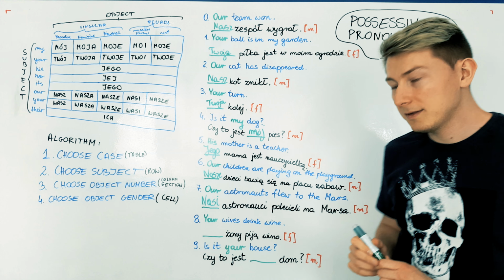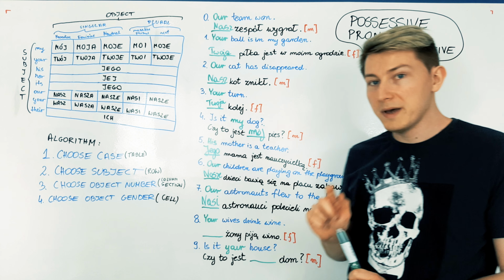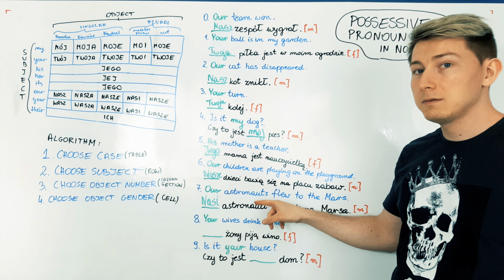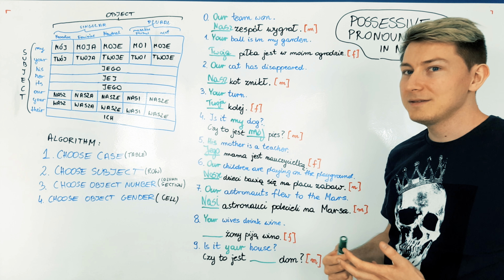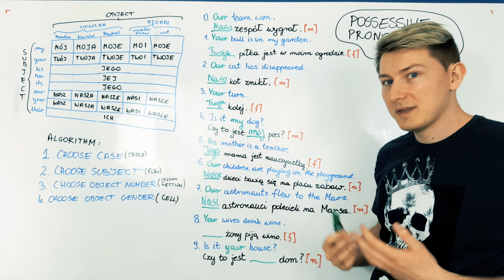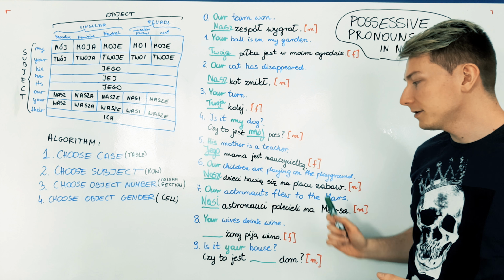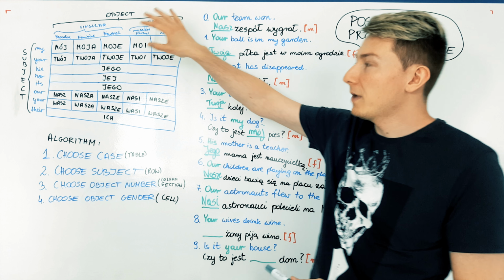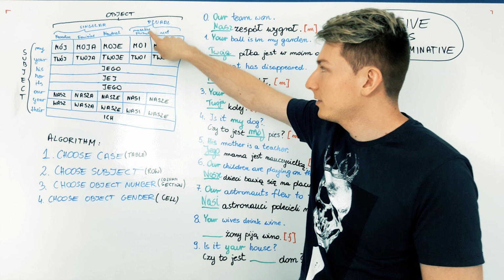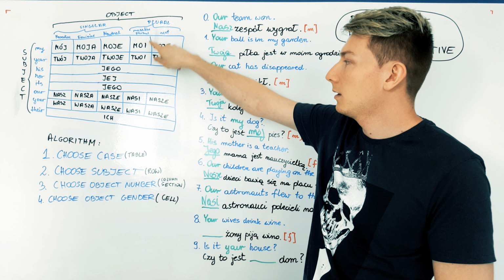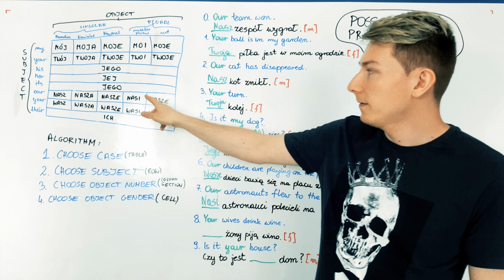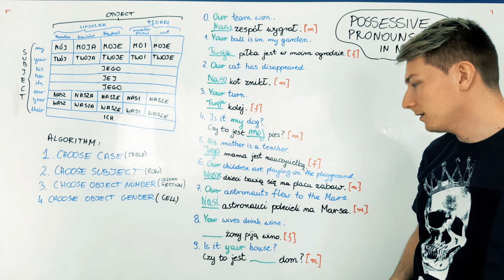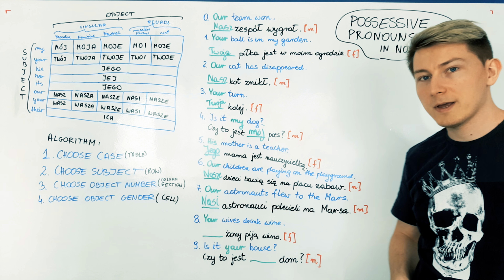So here we have an example of masculine personal, because astronauts are men, so they are persons, and also astronaut is masculine, has masculine gender, so masculine personal, we take this column. Nasi, nasi.